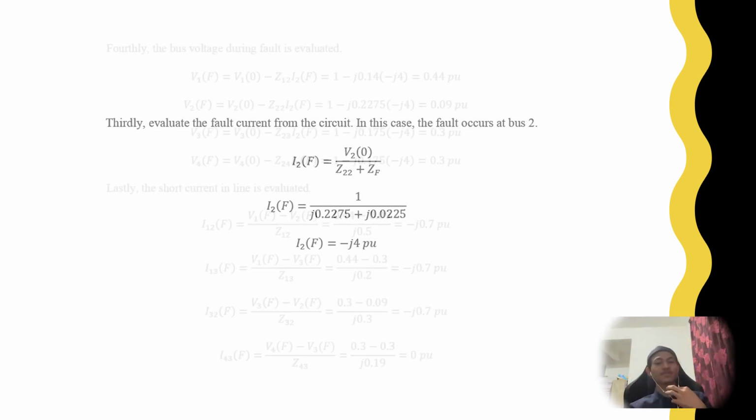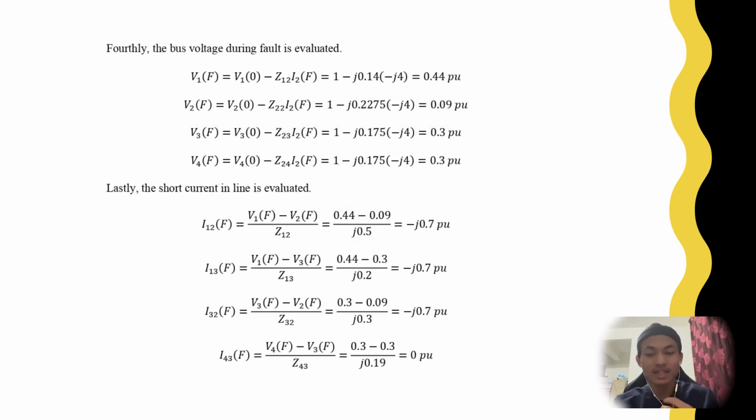From the fault current, we can find the bus voltages using the formula ViF equals Vi initial minus Zik times the fault current.